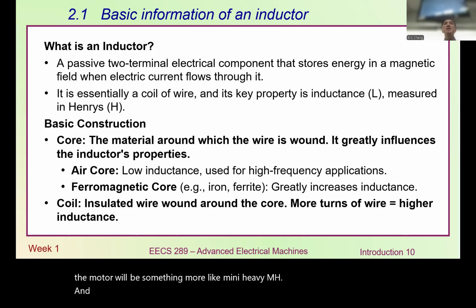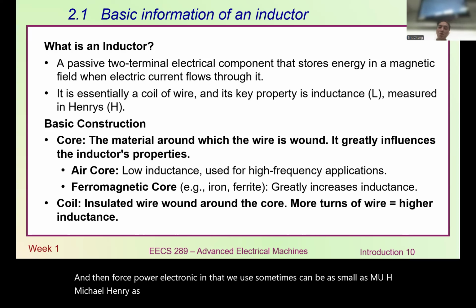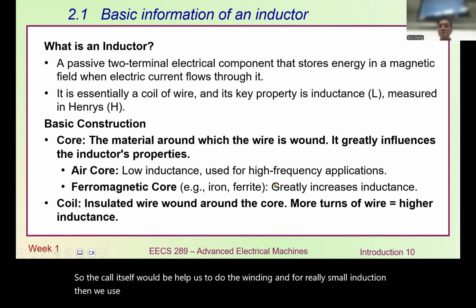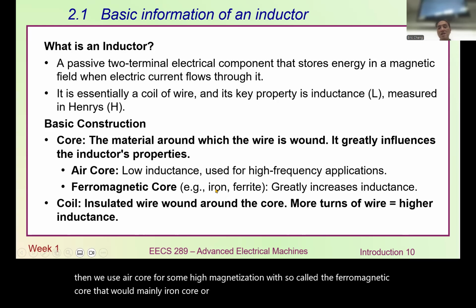For power electronic inductors we use, sometimes it can be as small as microhenry, mu H. The core itself helps us do the winding, and for really small inductance we use an air core. For high magnetization we use the so-called ferromagnetic core, mainly an iron core or maybe ferrite, which helps to increase the inductance.